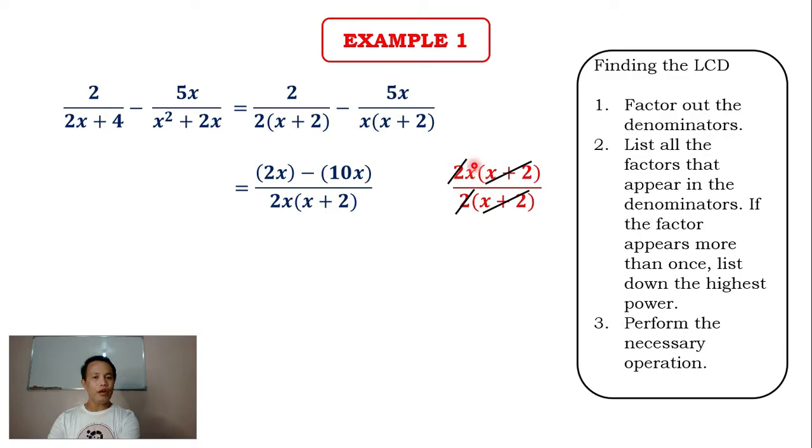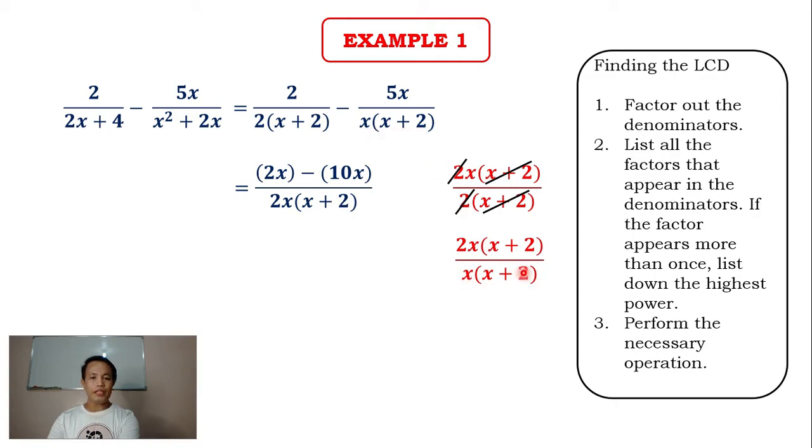Afterwards, we multiply the quotient by the numerator. So x multiplied by 2 gives us 2x. Then we copy the minus. The same process applies to the second denominator. We have the LCD, 2x times x plus 2, divided by the second denominator, x times x plus 2.